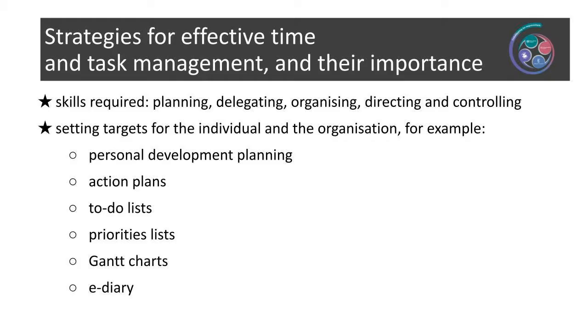So we need to make sure that we understand, for example, what personal development planning is, what action plans are, why we might use to-do lists, why it's important to prioritize using priority lists, and what Gantt charts allow us to do in terms of project management, how we plan out a particular project, and also in terms of managing that time.